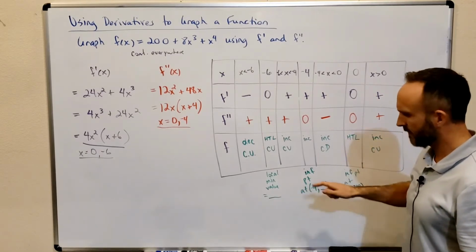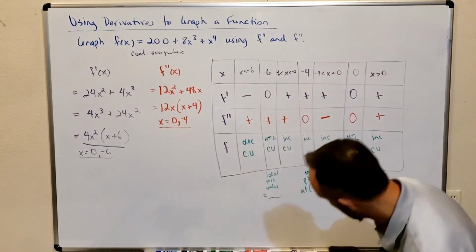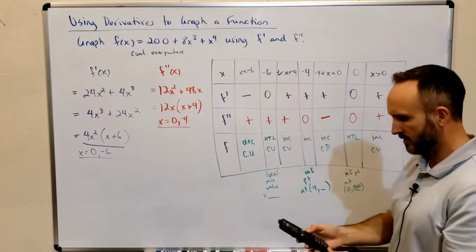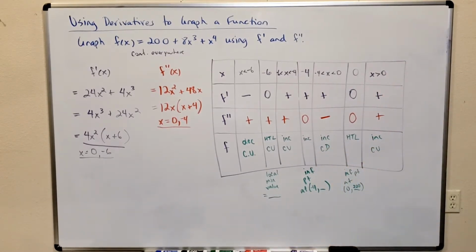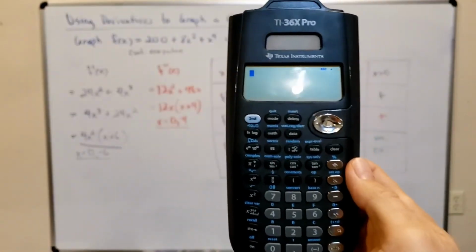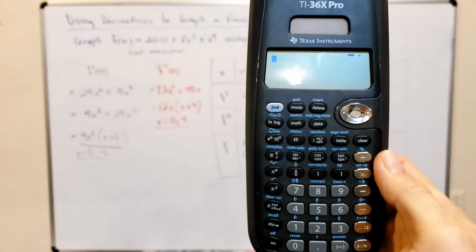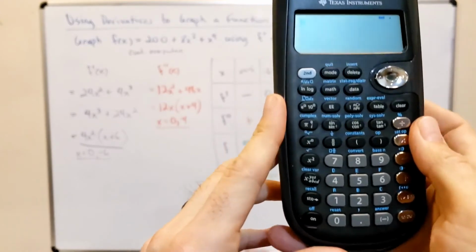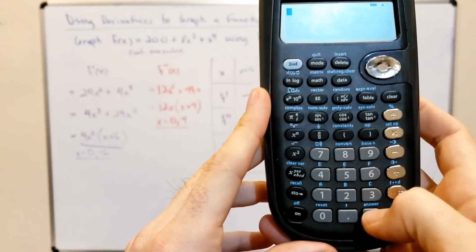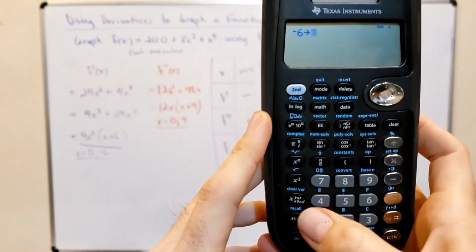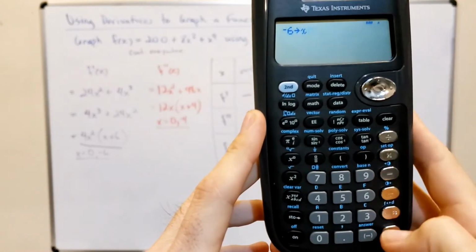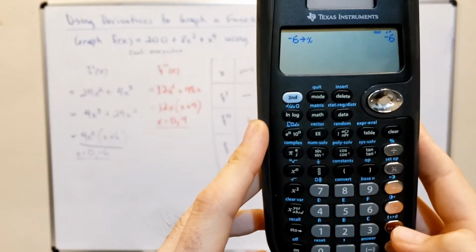Then let's go ahead and find my two y values there. I'm going to do this on my TI-36X Pro. Makes it super easy. So I need to look at x equals -6 first, and then I'm going to plug that into the function. So here's my calculator. I'm going to store -6 in for x. So I'm going to type -6 store and then x and hit enter, and now that's stored in for x.